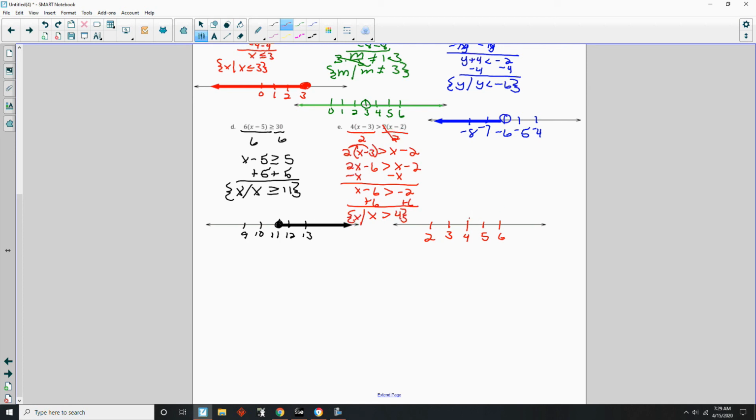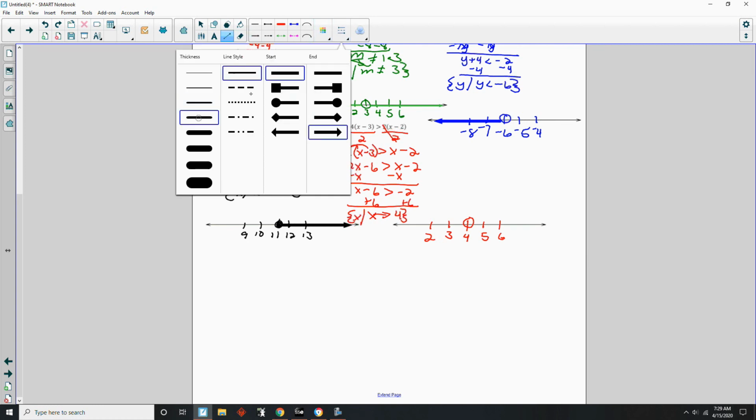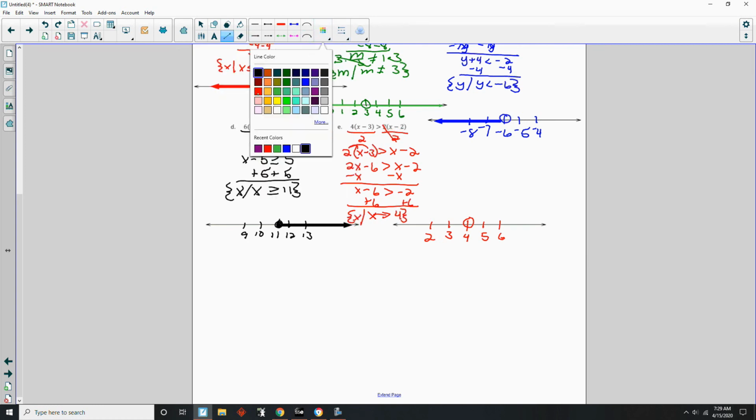Check the original to make sure. No equal signs, an open circle at the solution. Greater than, the arrow is pointing, think of that as an arrow, it's pointing this way, so I'm going to come up here, choose arrow, choose the thickness, choose the color, and you get the idea. And it's going to go like so. So open circle at 4, shaded to the right.